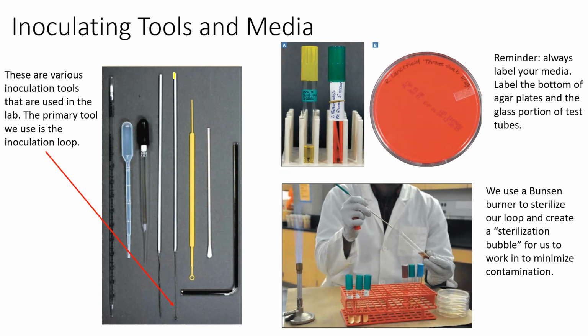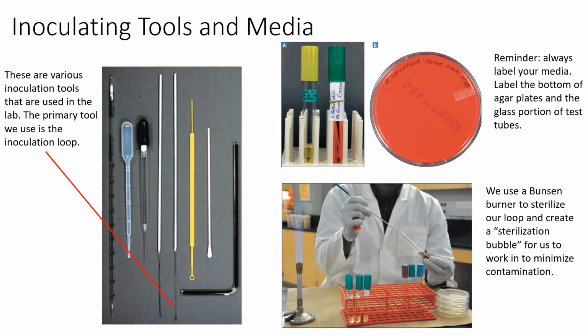This top portion right here that I'm highlighting, this is the handle. Okay, so that's what you would hold, much like a pencil. And the other end, okay, is the specific type of metal that forms a loop on the very end, hence why it is called a loop.